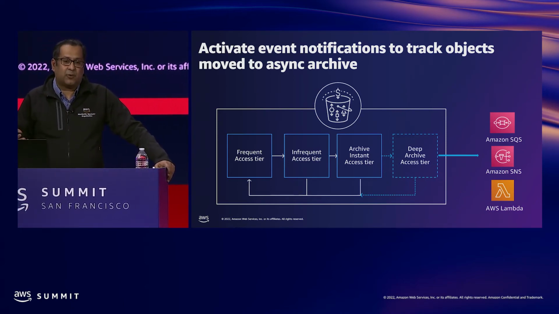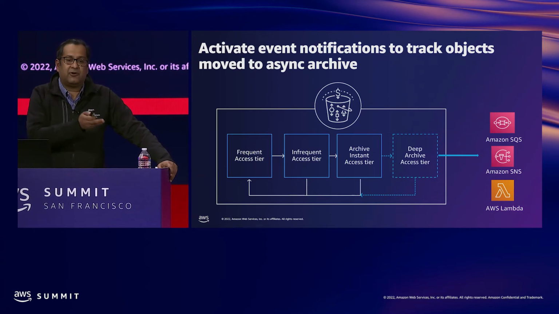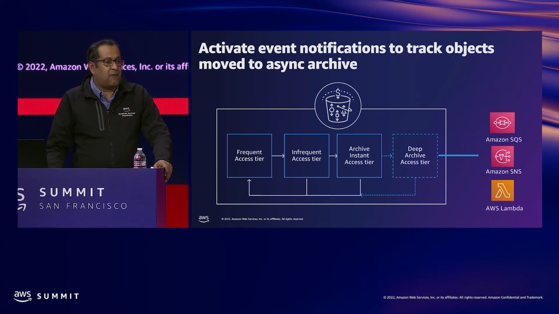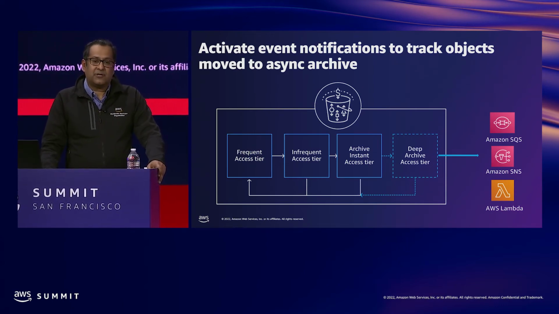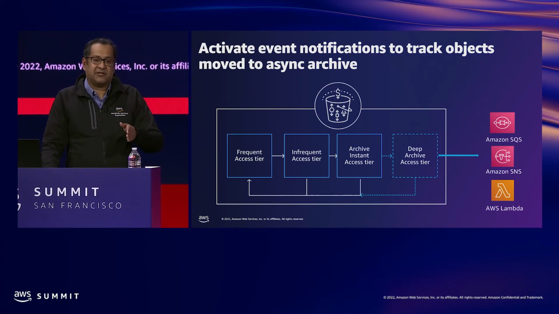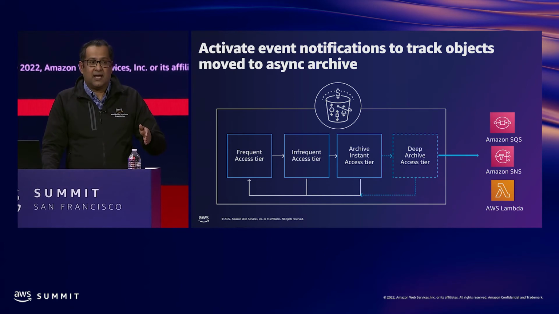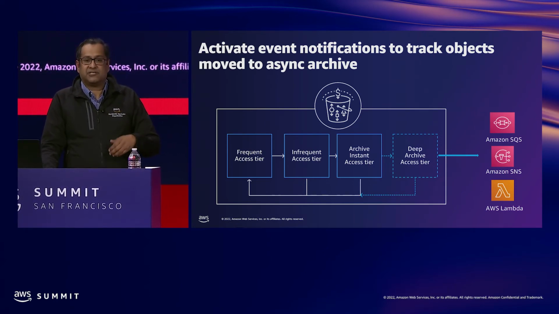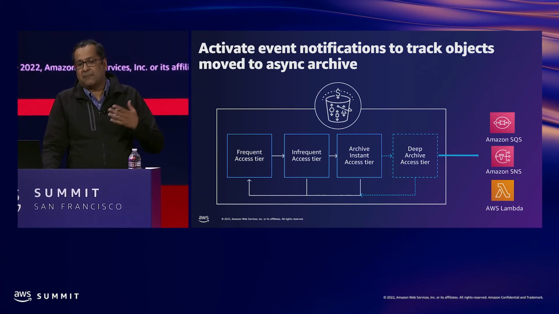Back at re:Invent of 2021, we introduced event notification for data that tiers down to the async access tier. So if you have the deep archive access tier enabled and the data tiers down there, you can configure a notification to be sent to SQS, to SNS, or even to a Lambda function. You now know that the data is in one of the async access tiers, and your application can do the restore and get the data when it wants to retrieve it.